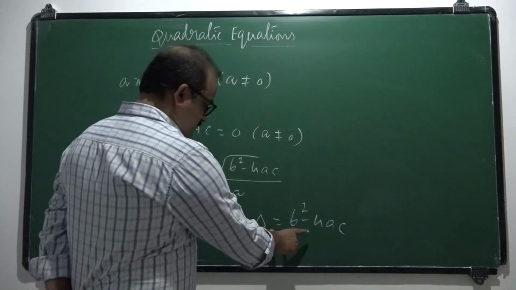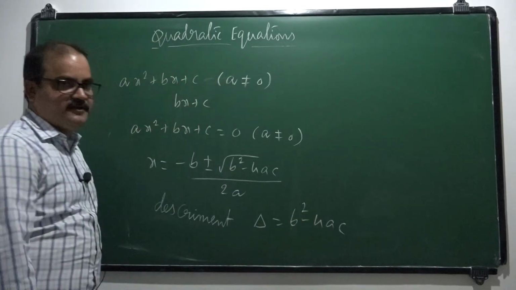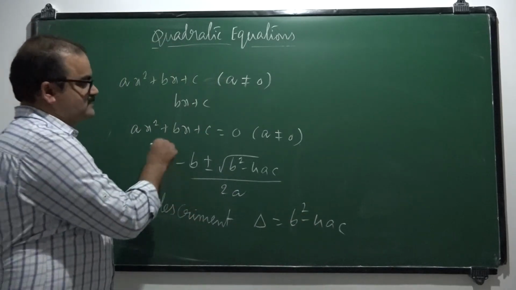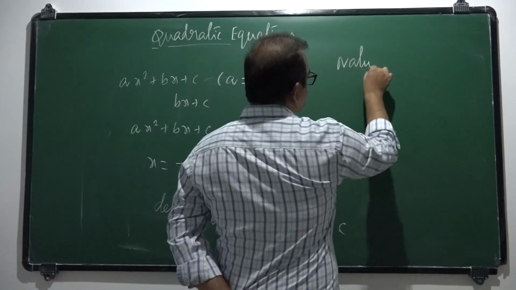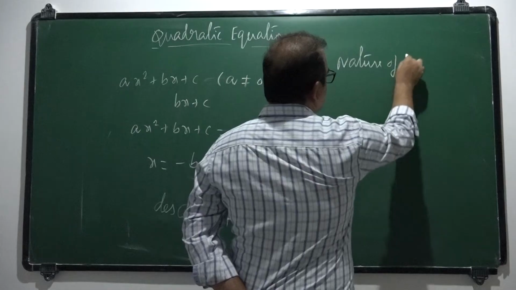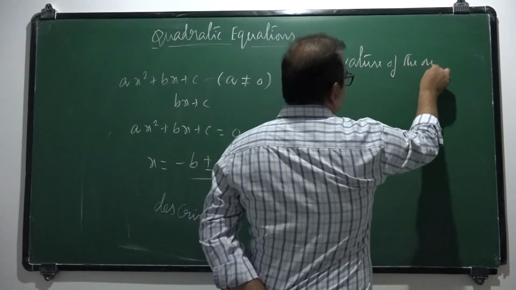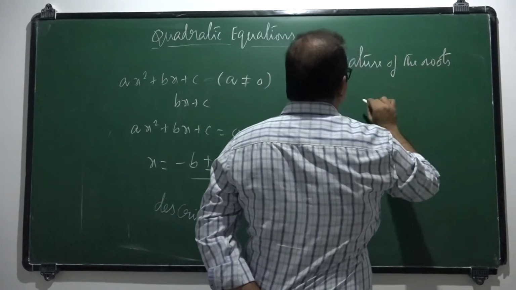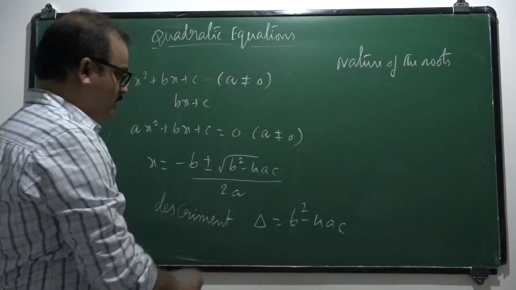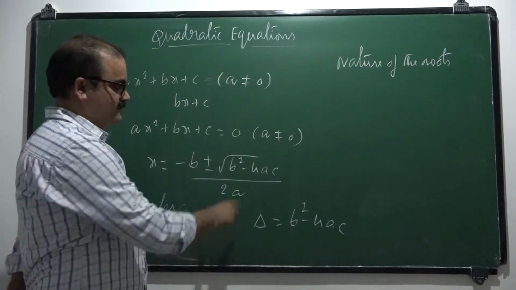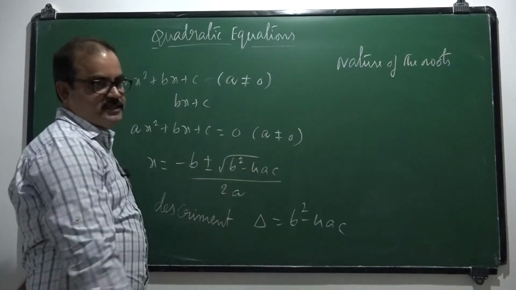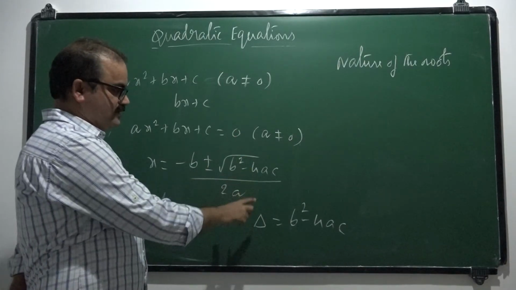Now based on this discriminant value, we discuss the nature of the roots. All these are clearly explained in your objective material. You read that synopsis thoroughly. Just you listen briefly.